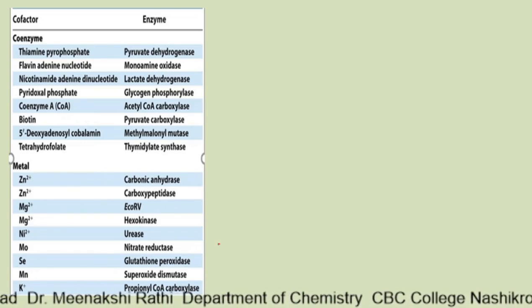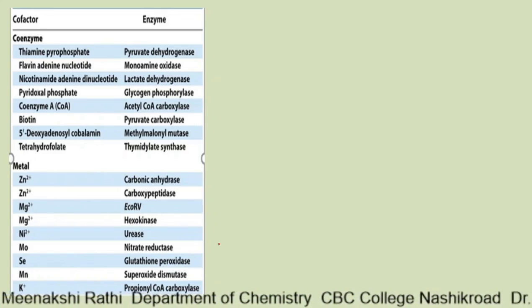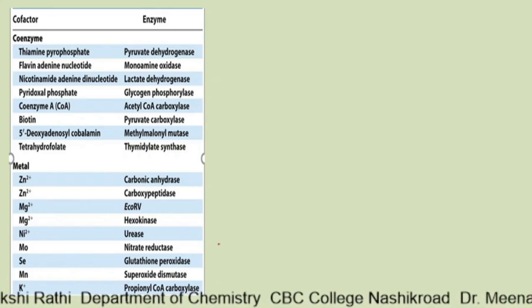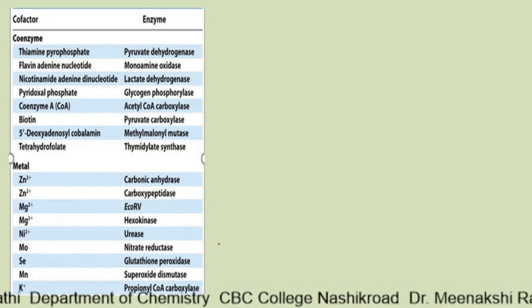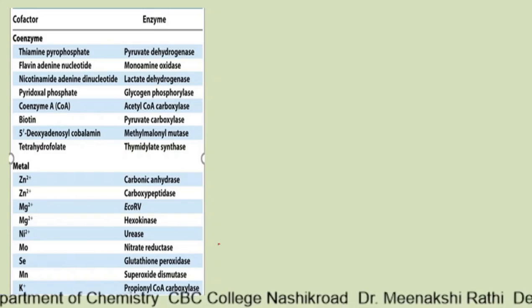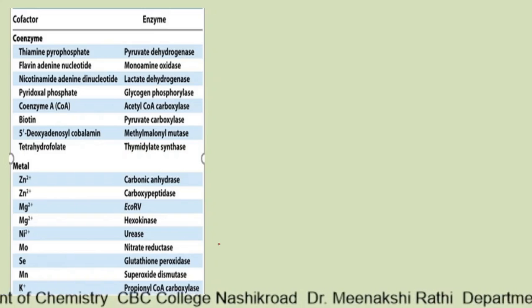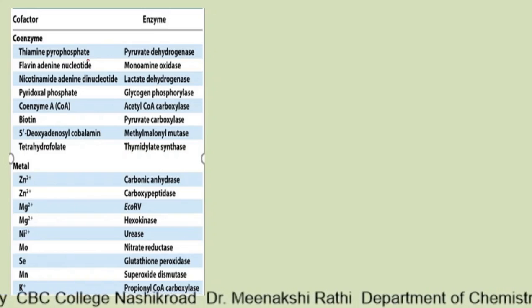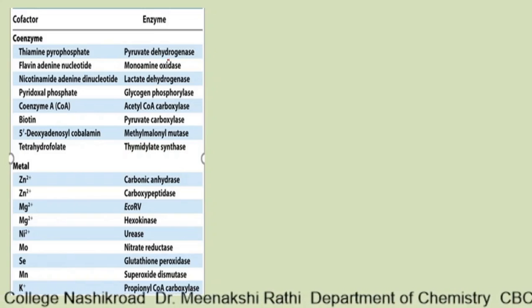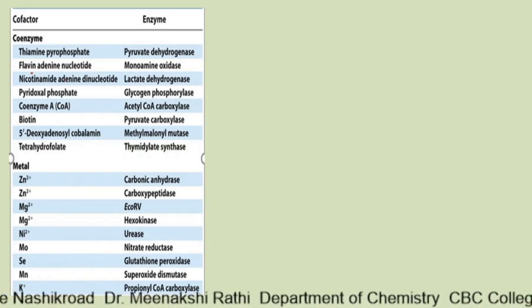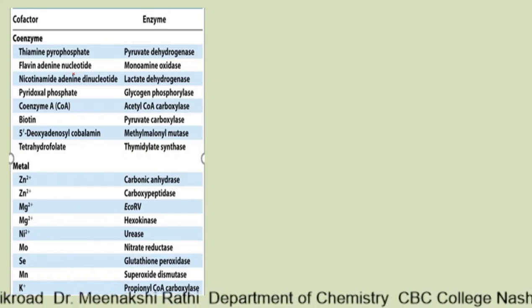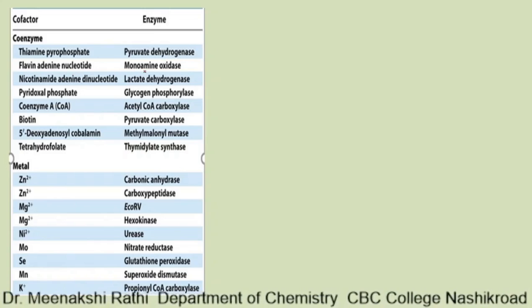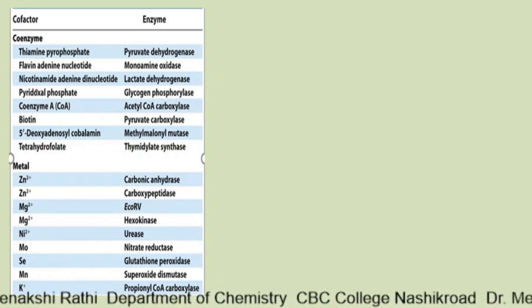Here is a list of some coenzymes and cofactors and the enzymes they help. For example, the coenzyme thiamine pyrophosphate helps the enzyme pyruvate dehydrogenase. Flavin adenine dinucleotide, FAD, helps monoamine oxidase.